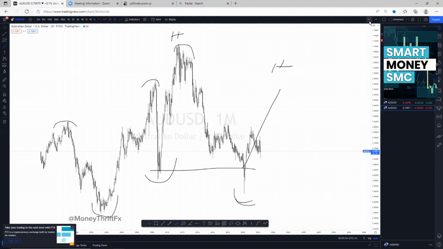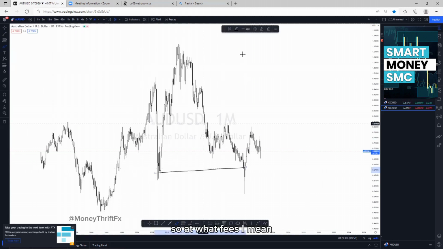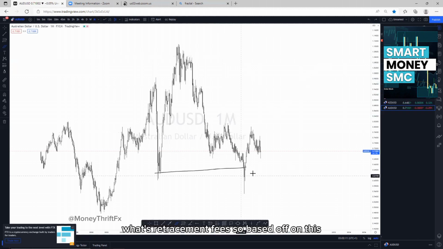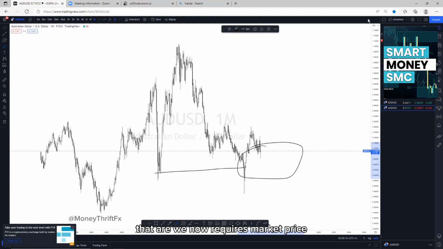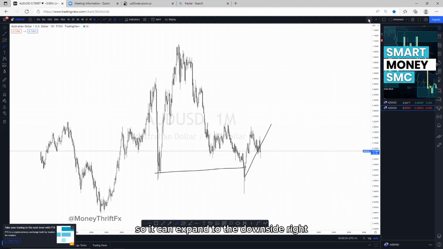So you want to be able to identify, based on this structure, we were bullish before, but now we are bearish. At what phase? I know in a bearish market, the down move is the expansion phase, the up move is the retracement phase. So based on this, what is the current phase we are in now in the current market price? You can realize that now we are in the retracement phase, because this price is just trying to retrace so it can expand to the downside.